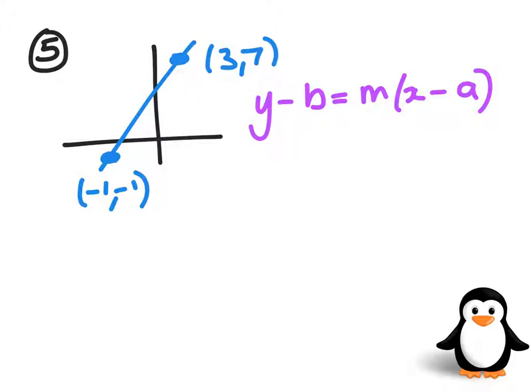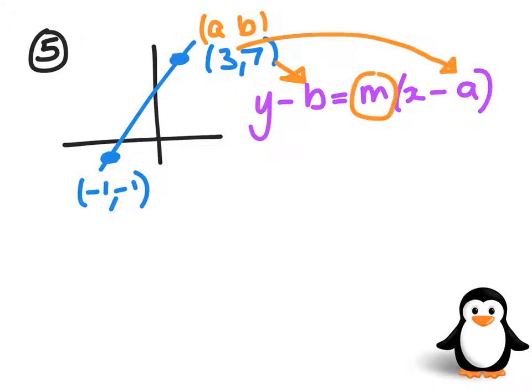So let's think how we're going to get these. I'm going to use this 3 and 7 to replace my a and b in the formula. So the 7's going in here, and the 3 is going in here. What am I going to put in for m?